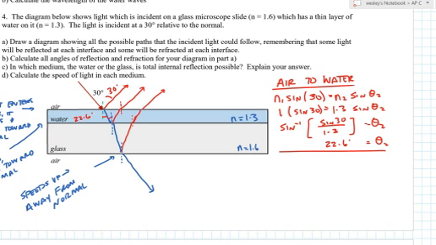That is water to glass. So for water to glass, we have water index times sine theta 2 is equal to glass N3 sine theta 3.